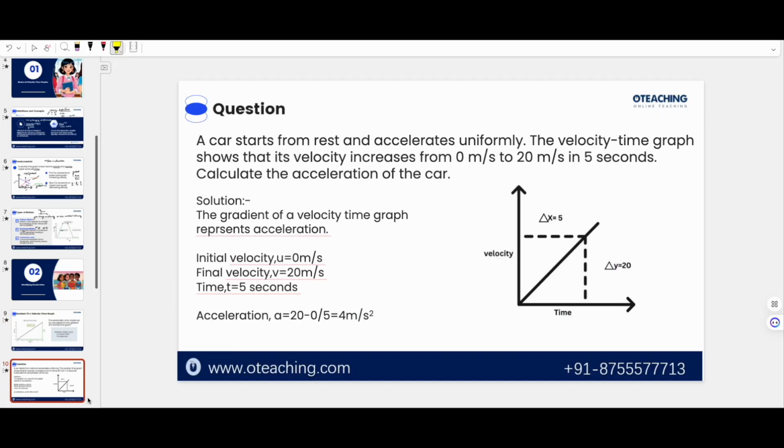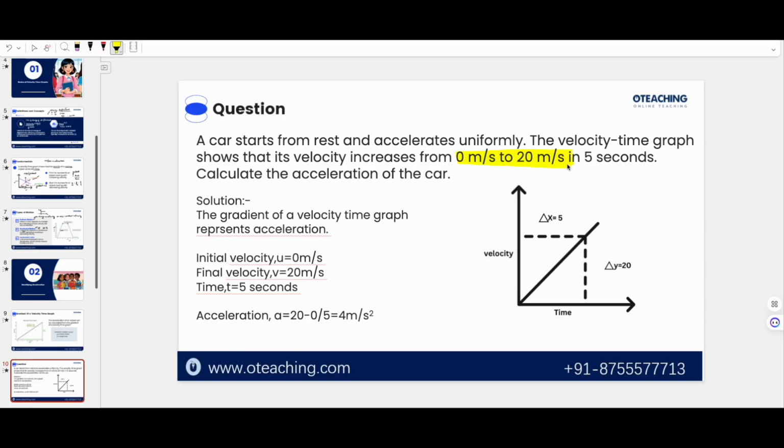Let's move to the next question here. It says a car starts from rest. Whenever you talk about rest, what does rest mean? u is 0, meaning your initial velocity is 0 meter per second. It accelerates uniformly, meaning acceleration is constant here, correct? Then it says the velocity time graph shows that its velocity increases from 0 to 20.